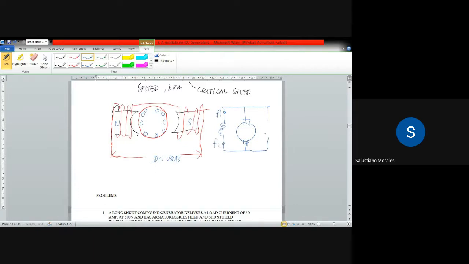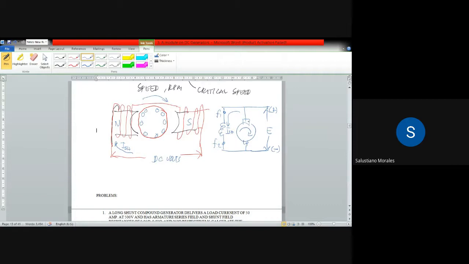Then we have the output here, E. So assuming that the current IF, or the shunt field current, will be flowing like this, causing the polarity of the output to be positive here and negative here. So assuming with that direction na clockwise rotation, it will build up the voltage.